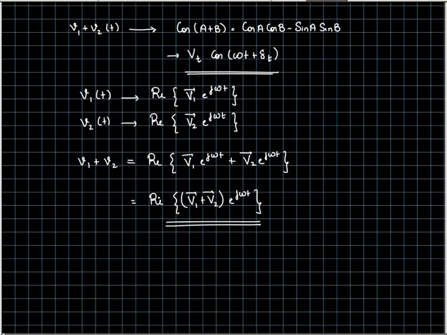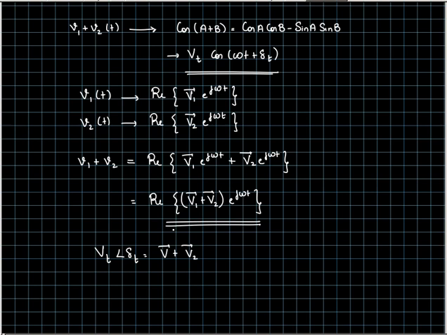So, look at what we have done. We have essentially reduced this summation of two sinusoids to simply the sum of two complex numbers. So, to calculate Vt and delta t, which is the sum, we can represent it as Vt angle delta t equal to the phasor V1 plus the phasor V2.